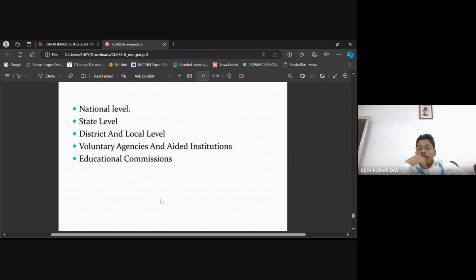And educational commissions, there are so many in our country. They are guiding us, they are guiding the torch and working as a front bearer for noticing and highlighting the work, the duties, and responsibilities of all the teachers, irrespective of any kind of issues.